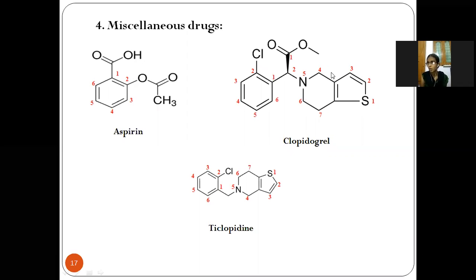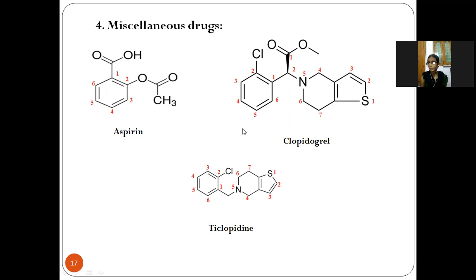So this is commonly known as thiopyridine. So here acetyl and the methyl group are attached, and here a chlorophenyl group is attached. If you see the structure of the chlorophenyl, in the second position of the phenyl, the chlorine atom is there. So it is known as 2-chlorophenyl.